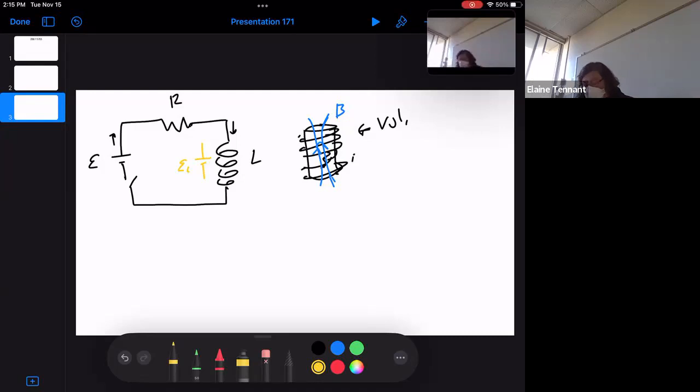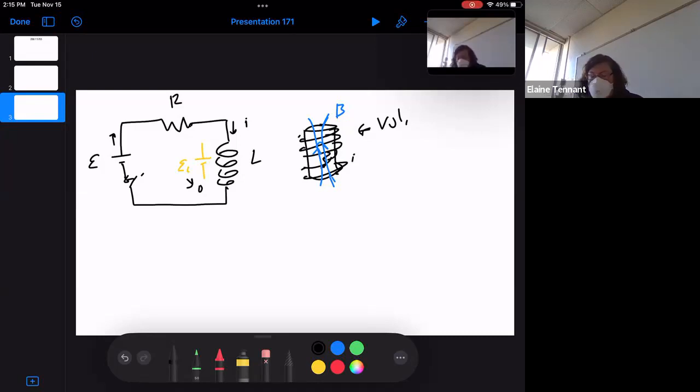So basically, you flip this switch right here. Current wants to start going, but it's initially blocked. But then over time, this EMF goes to 0, and so then current starts flowing like this inductor isn't even there. Although it does definitely have that magnetic field.